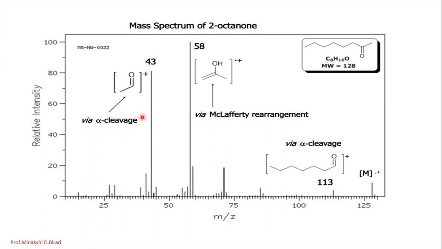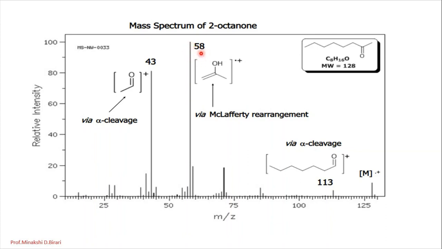Via alpha cleavage, the peak is observed at mass to charge ratio 43 due to the formation of such a cation, and via McLafferty rearrangement, in case of 2-octanone, the peak is observed at mass to charge ratio 58. So we can say this peak is also known as the base peak.